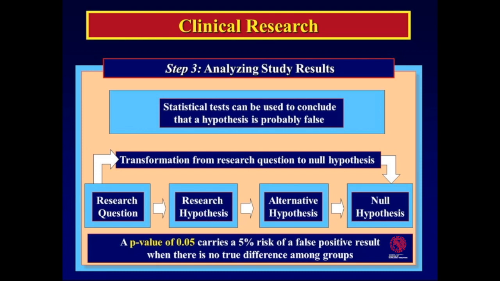Still, this will be a false positive result, meaning that I consider that my hypothesis, which was not rejected, is valid, but in reality it is false. You get a false positive result.